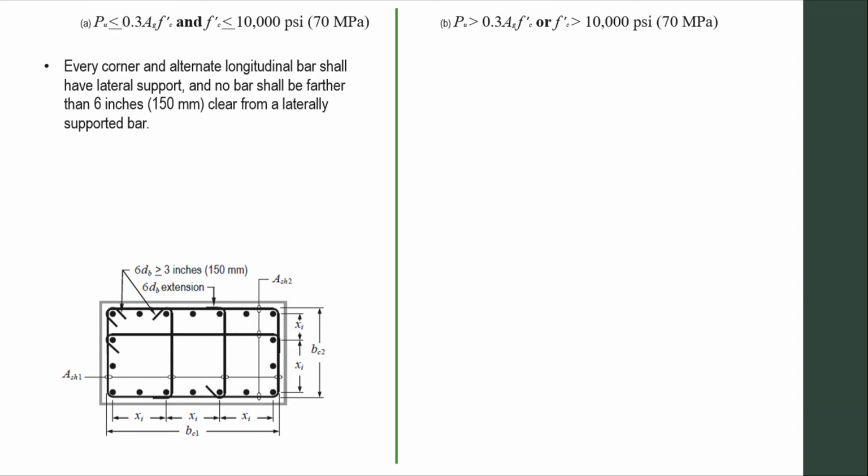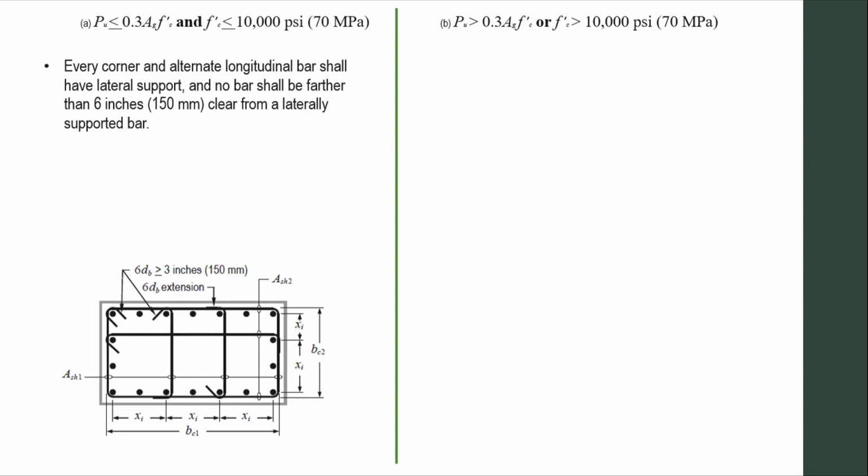It states that every corner and alternate longitudinal bar shall have lateral support, and no bar shall be farther than 6 inches from laterally supported bars. So, given case 1, kailangan yung longitudinal bars natin ay dapat at least may lateral support alternate.